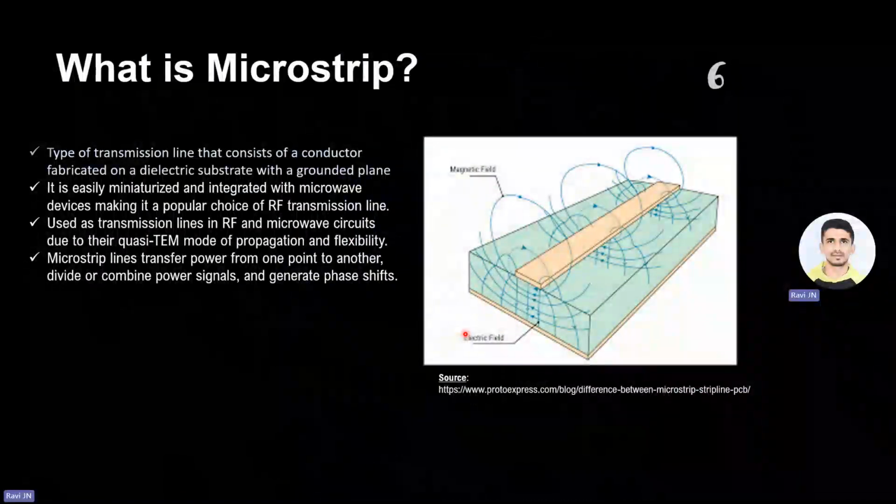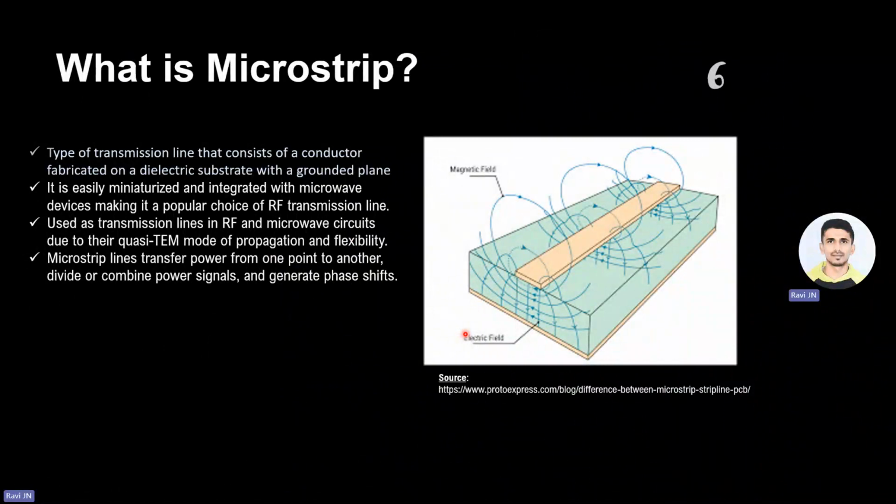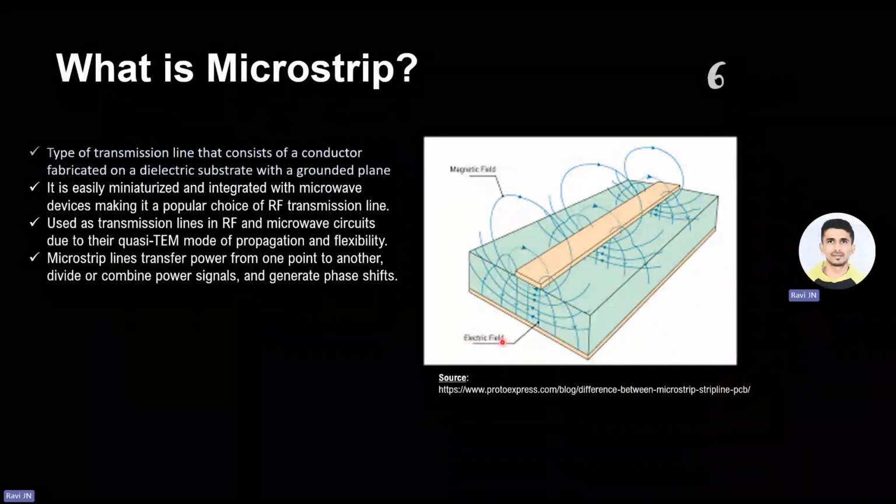Then let me jump directly to one specific application for which we use QCS: designing microstrip. So what is microstrip? As the name suggests, microstrip is a strip of some conductor placed over a dielectric, and we deal with the magnetic field and also the electric field.